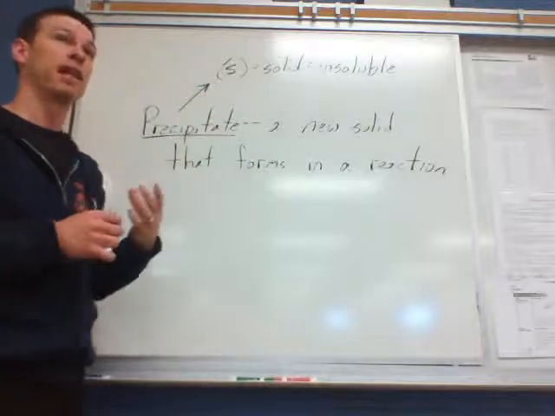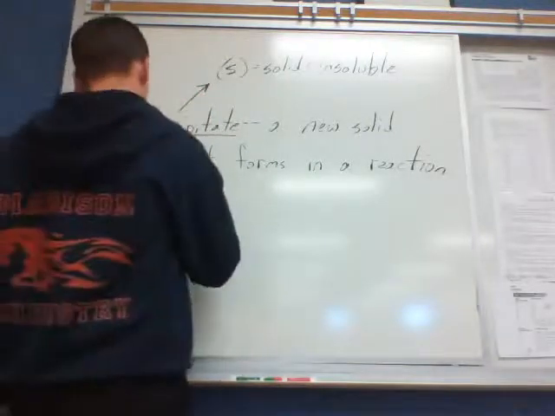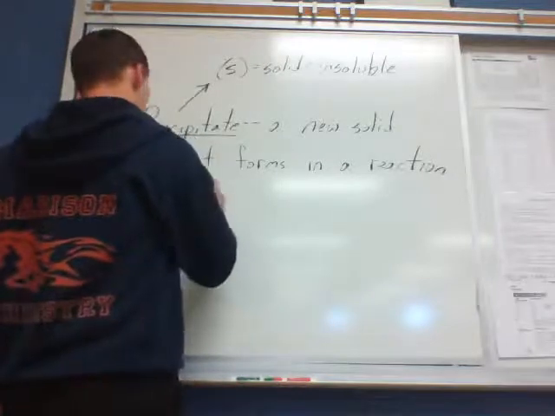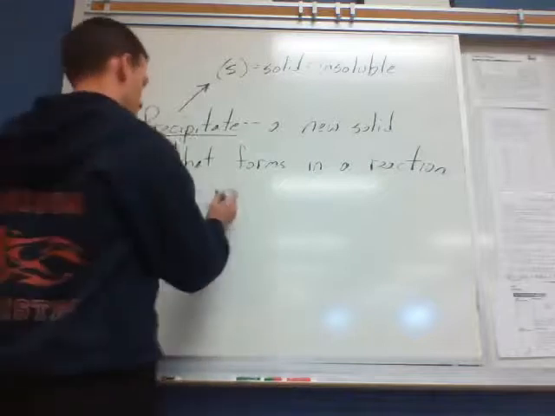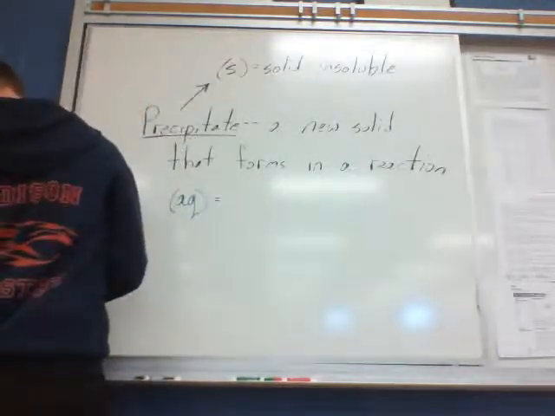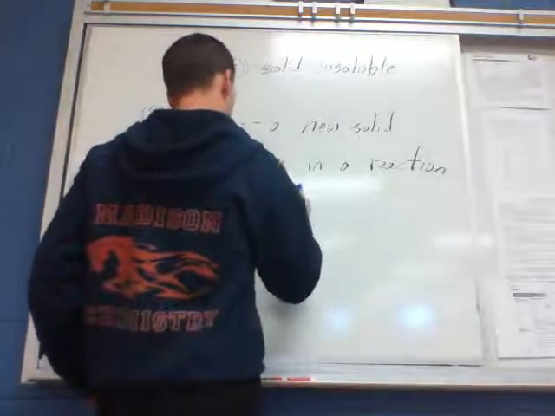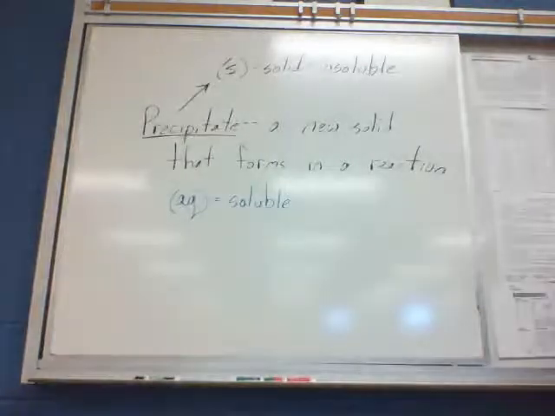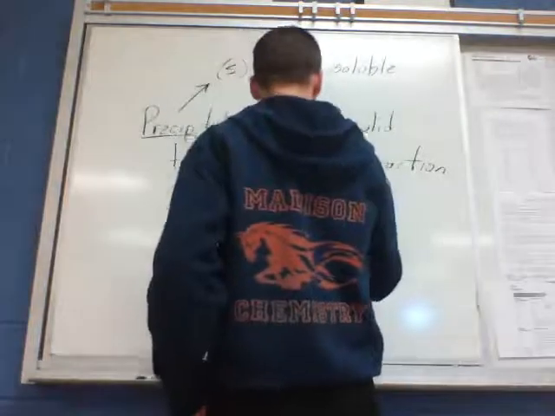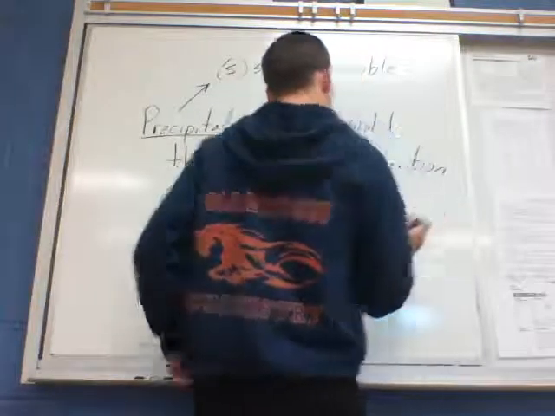One of the products that we're about to predict will be labeled with the S. The other one will be labeled with something different. AQ means soluble. It can dissolve and will appear to be a liquid.